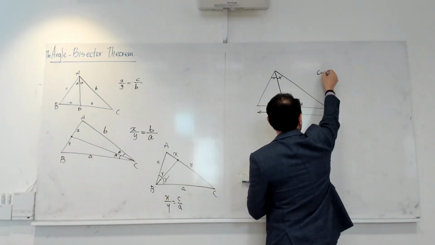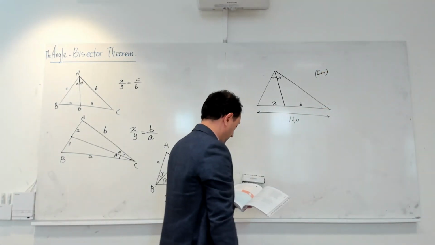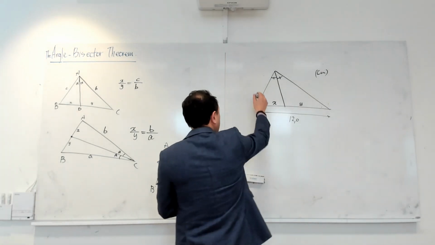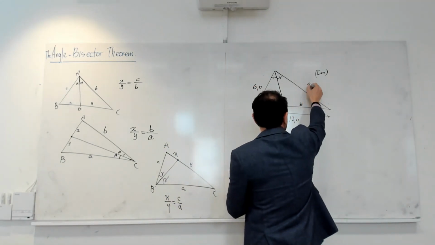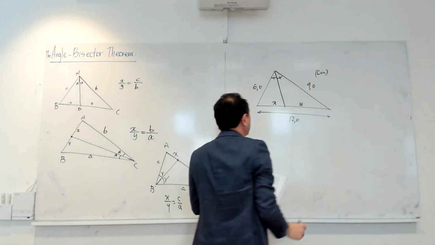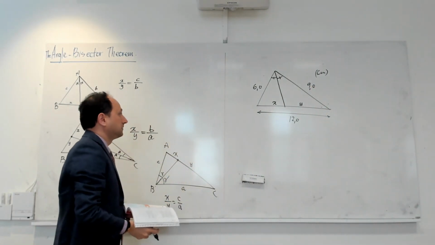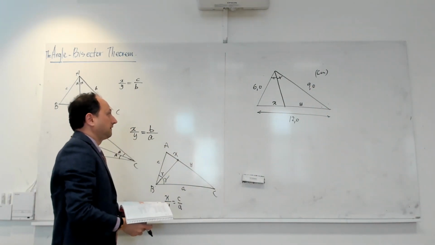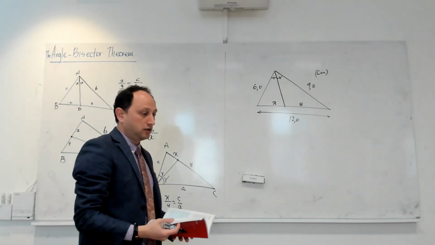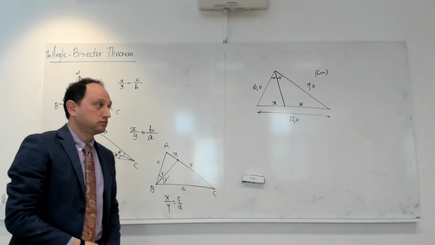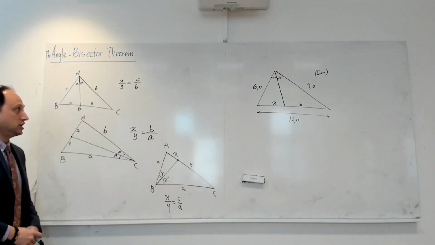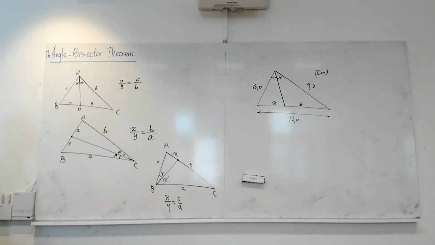Everything is in centimeters. And this is 6.0, and this is 9.0. Okay, and you are supposed to find the values of x and y, which of course I think is extremely simple, isn't it?